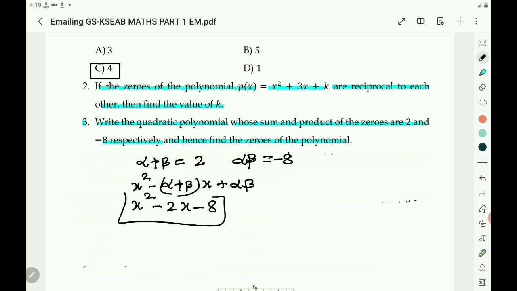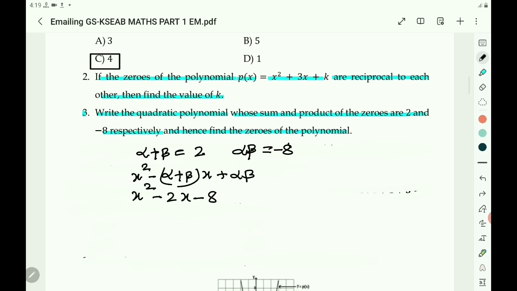This is the quadratic polynomial. Now we have to find the zeros. So take the sum and the product. PQ equals x square into minus 8, minus 8x square, and the sum of the roots P plus Q is the middle term, that is minus 2x.